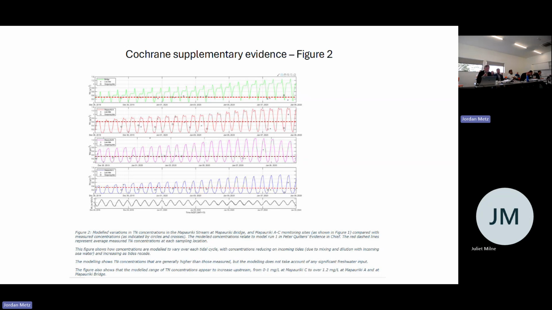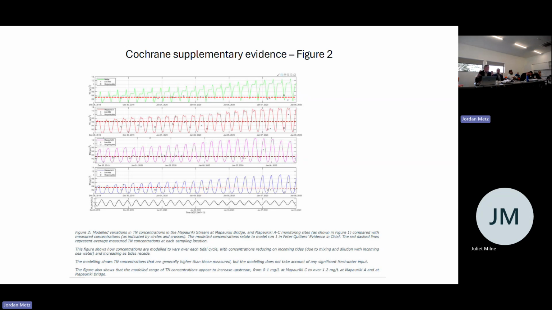Now that certainty is in the EMP in terms of management responses and timeframes associated with that. If it was brought into the consent conditions, then the consent holder has very little flexibility to move in terms of those trigger levels without seeking a change. Those trigger levels could go up or they could go down, we just don't know.